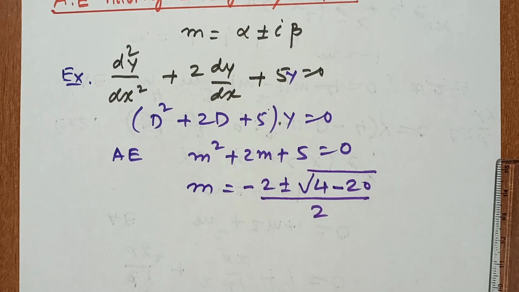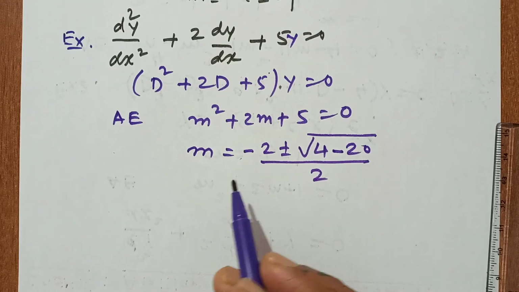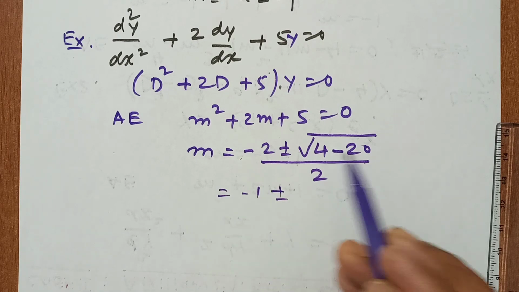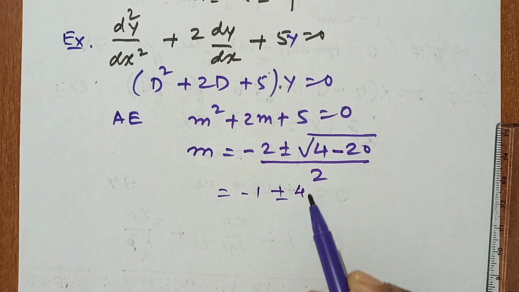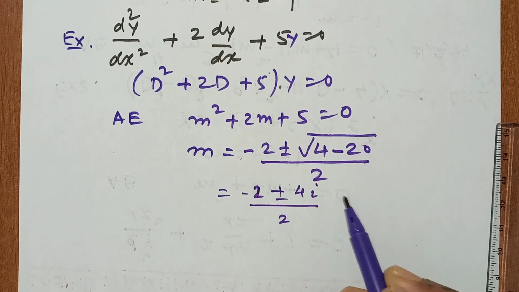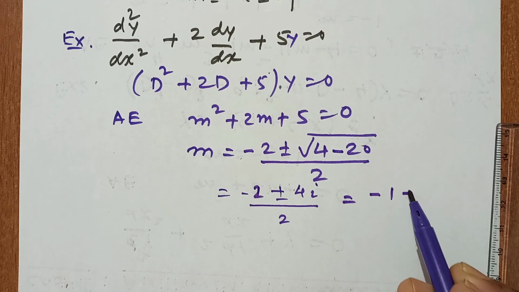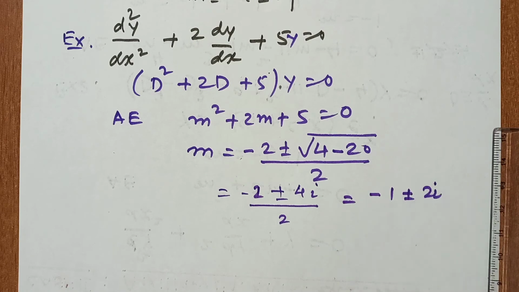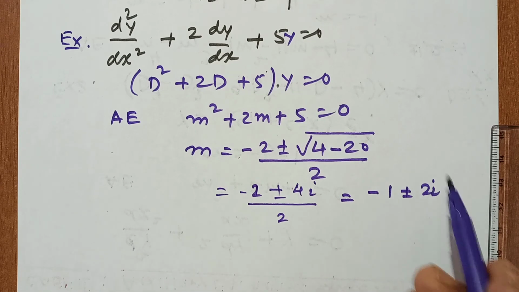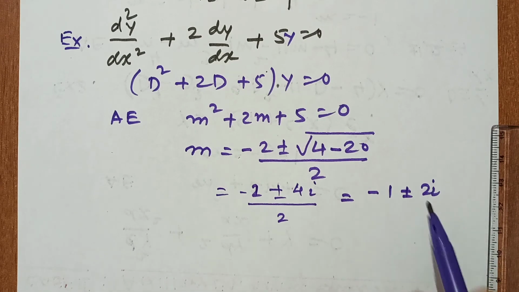So the value of m is minus 1 plus minus square root of 16, so 4i, upon 2. So this is minus 1 plus minus 2i. So here the roots of this equation are alpha plus minus i beta.